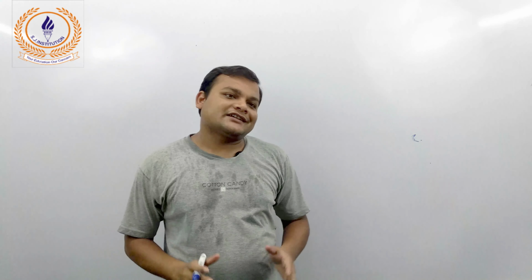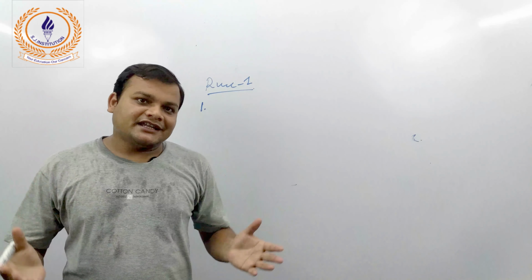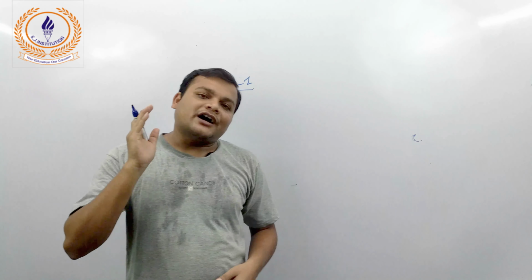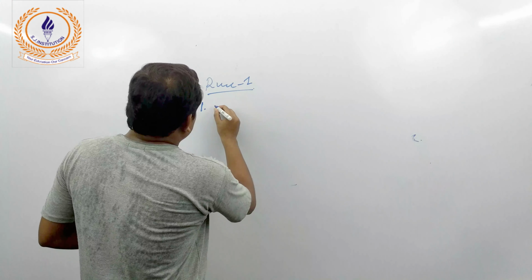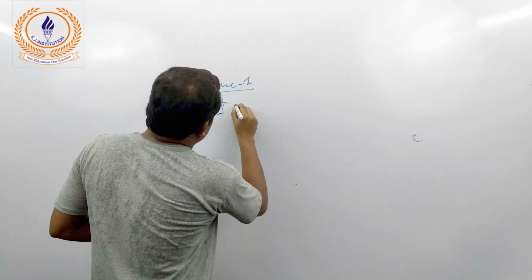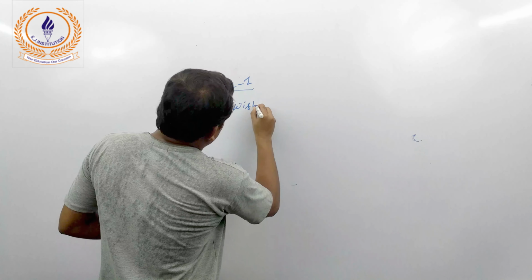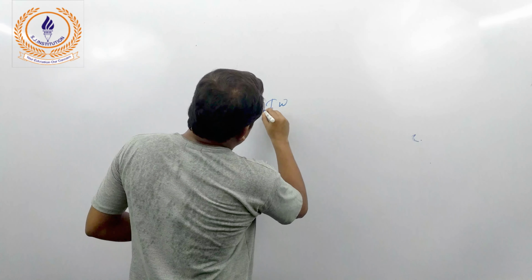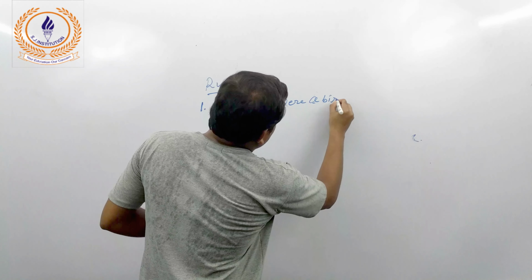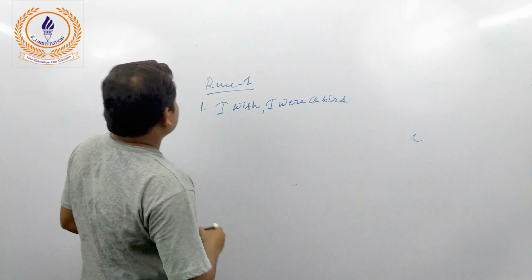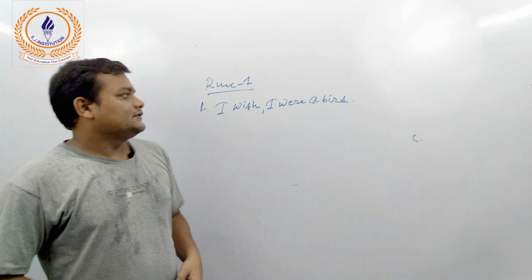In a sentence expressing imaginary wish or supposition, the verb used must be plural. For example, I wish I were a bird. Okay?